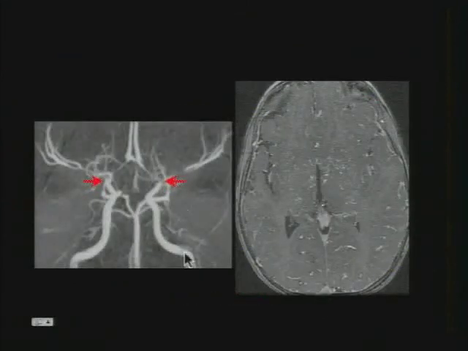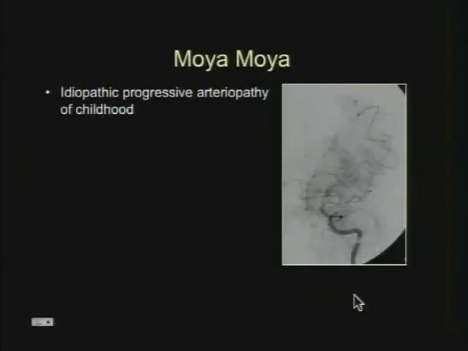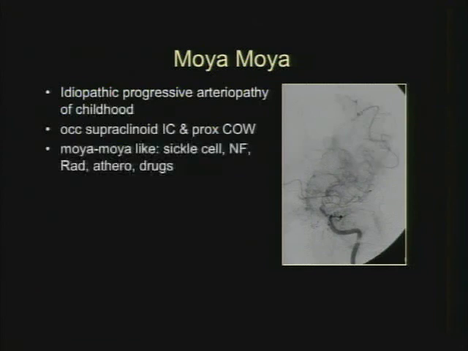So you can see on the MRA, you can see occlusion of the supraclinoid, and again, these multiple enhancing dots, which are the lenticulostriate collaterals of Moyamoya. So Moyamoya is an idiopathic progressive arteriopathy of childhood where you have occlusion mainly in the anterior circulation. But you can have secondary Moyamoya in sickle cell, neurofibromatosis, radiation, atherosclerosis, and we see a lot of drug use at our county hospital mimicking this.